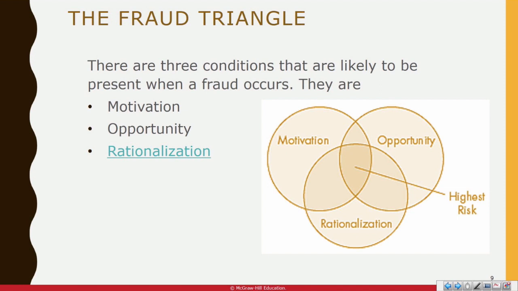So motivation deals with, as it says, the incentives. Why are people motivated? You saw in one of the red flags or risk factors identified that management's compensation is tied to the firm's performance, how well the firm does.